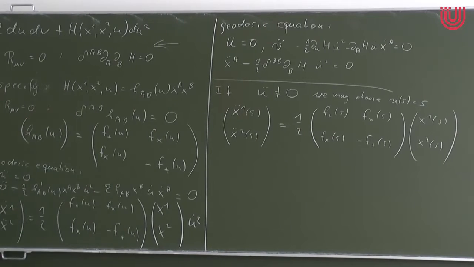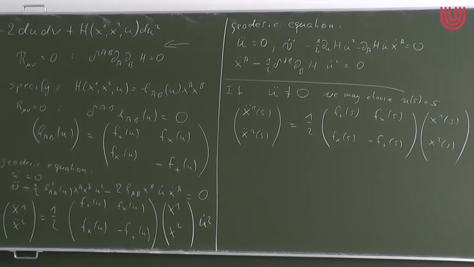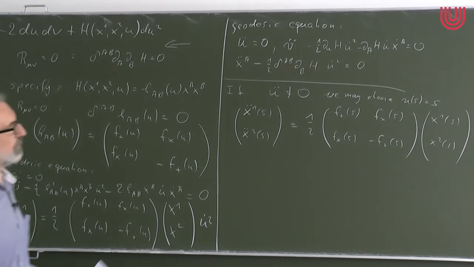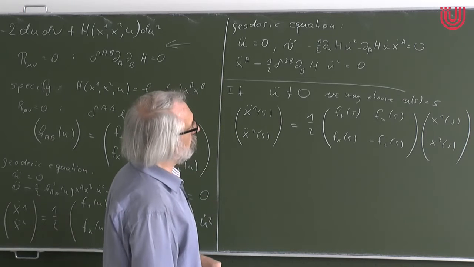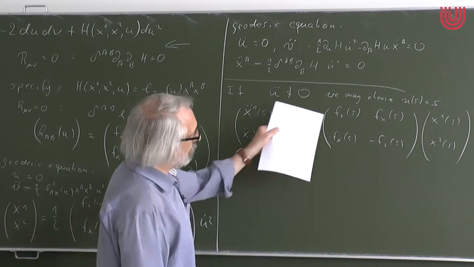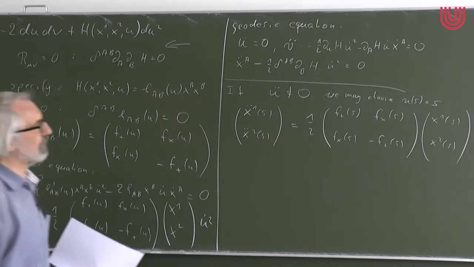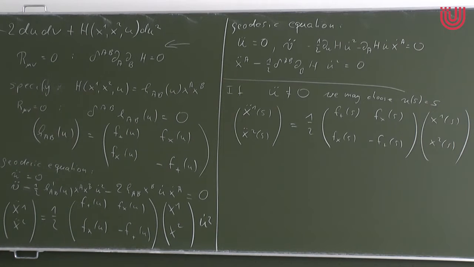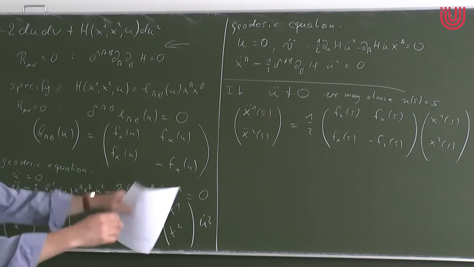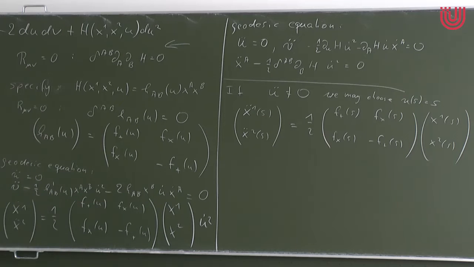So this has completely decoupled from the rest of the differential equations. Just the system for the functions x1 and x2 as functions of s. F plus and f cross, of course, are given. I prescribe my profile functions, and then I have to solve this. And this tells me how the gravitational wave affects geodesics.